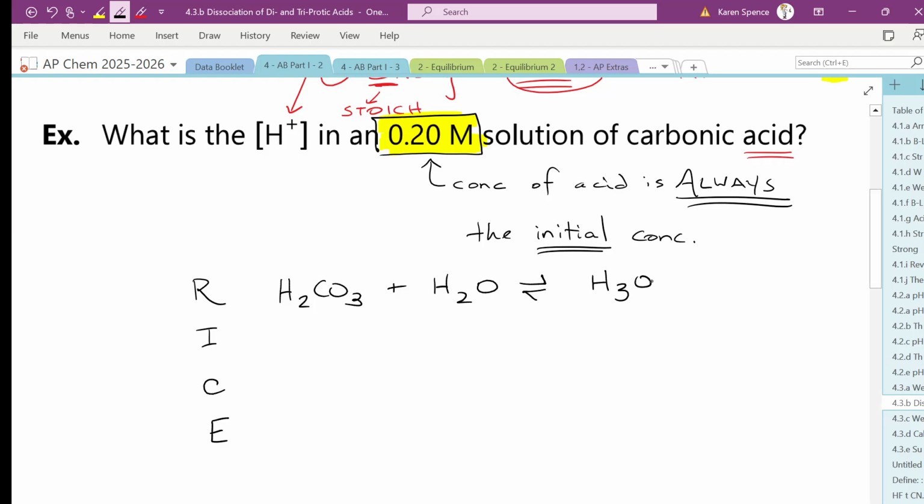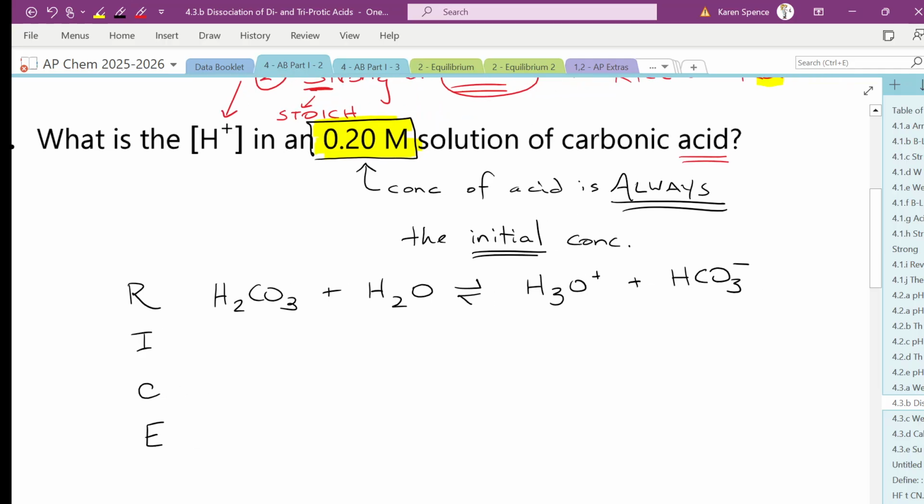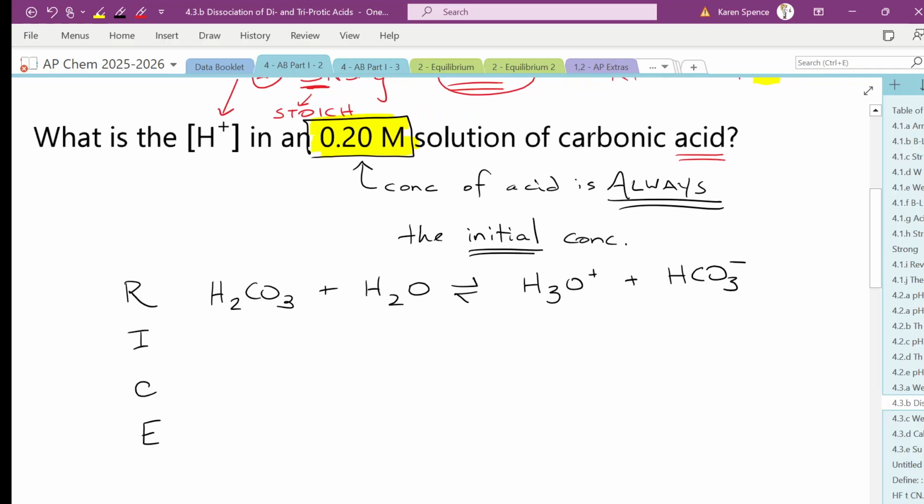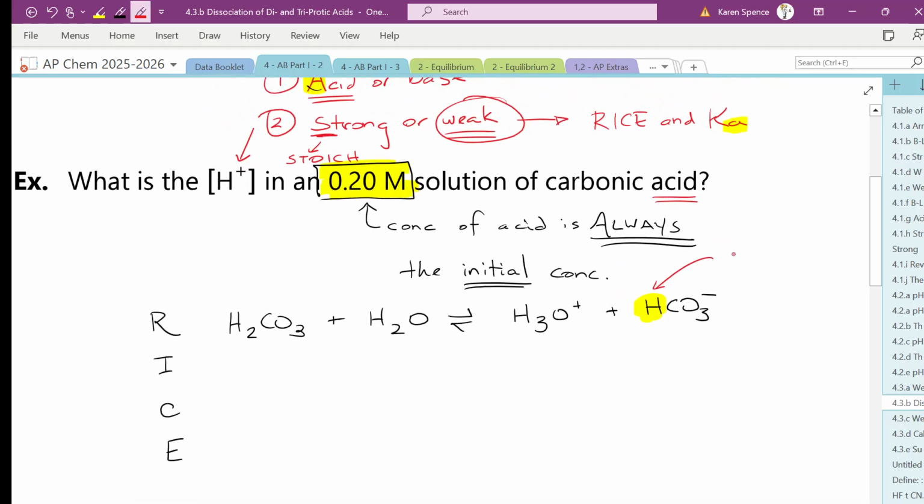H3O plus, and HCO3 minus. And we're going to leave that second hydrogen alone, okay? This one here does not dissociate to a significant extent. Does not come off.